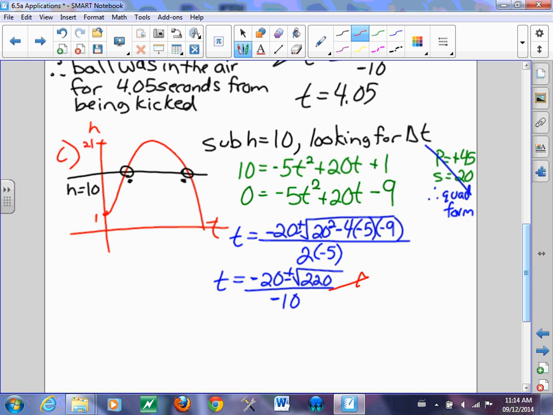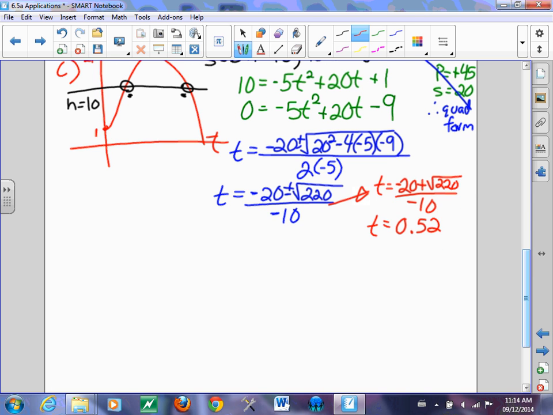One case is t equals negative 20 plus root 220, all divided by negative 10. For that one, I have 0.52, I think. Yep. I can't read my writing.